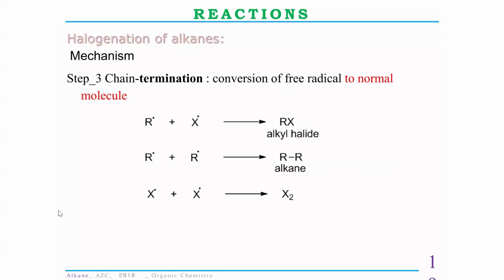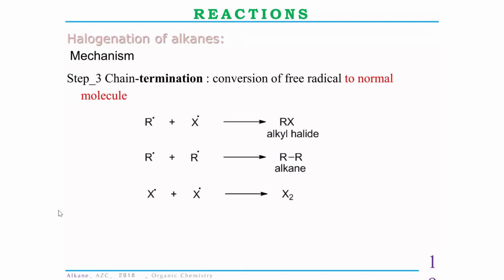And then we have chain termination. The free methyl radical and the free halide radical react together to produce alkyl halide. The free methyl radical reacts with another free methyl radical to generate alkane. And a free halide plus another free halide react to produce a molecule.